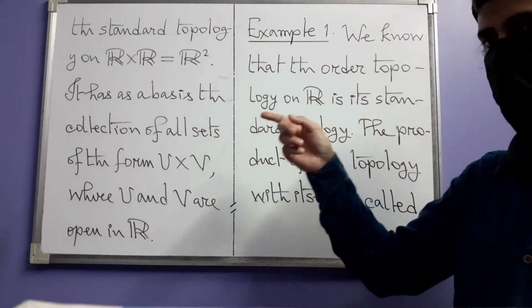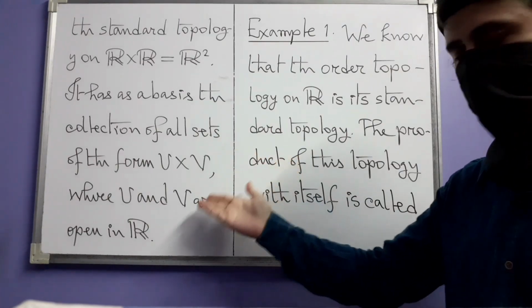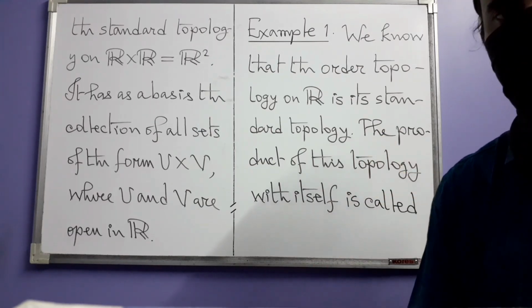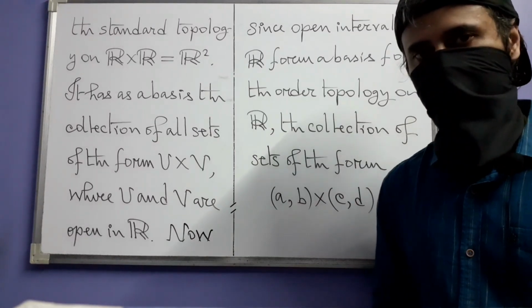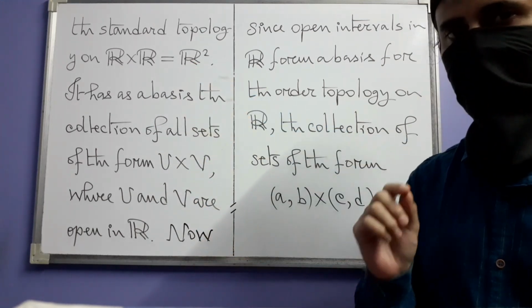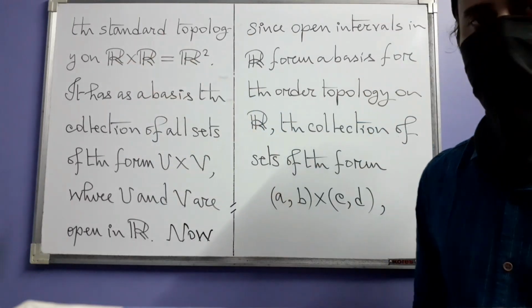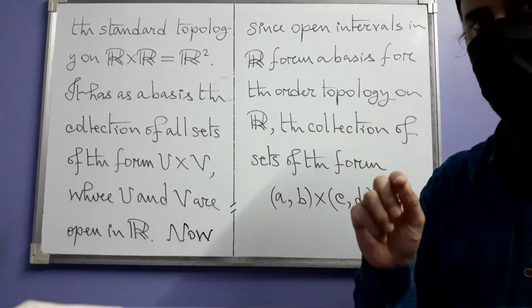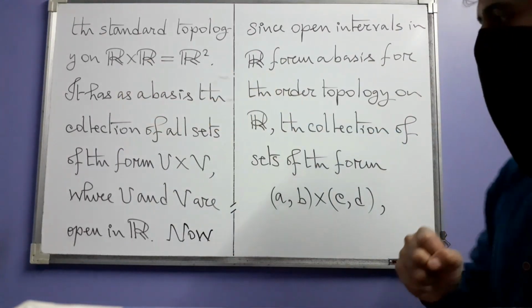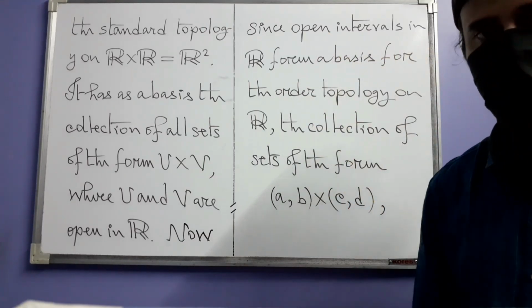But the result we have proved just now allows us to give this product topology by another much simpler basis, and that simpler basis for this product space is obtained by first considering bases for the topologies that these two spaces have, same topology, so we just need one basis for the topology on R, which is the order topology, and open intervals in R form such a basis.